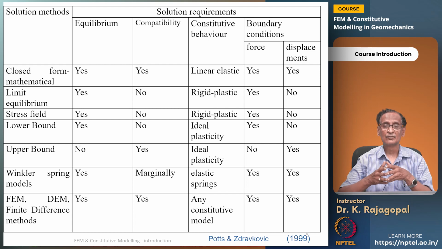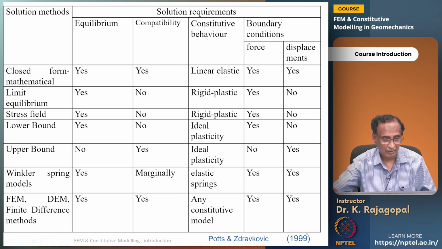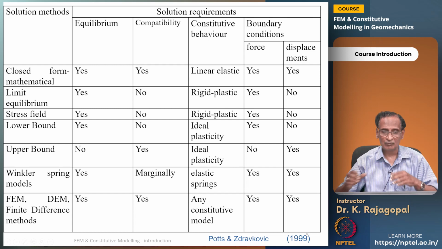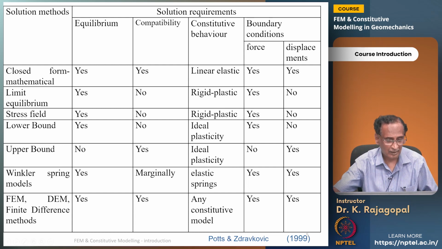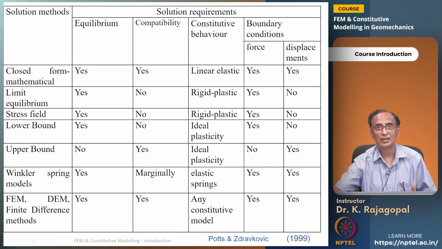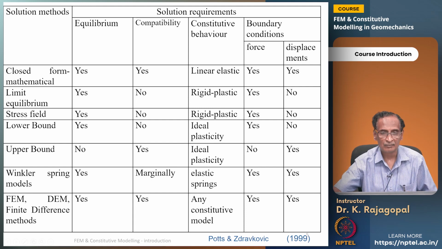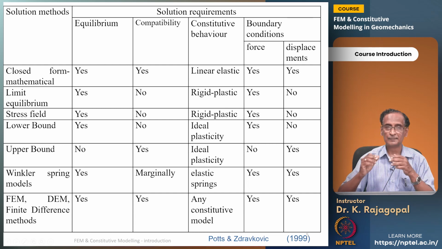All these things we should be able to take care of by these advanced numerical methods. And our finite element method that we are going to discuss satisfies all the given conditions like equilibrium, compatibility, and constitutive behavior of the materials, and we will be able to satisfy both the force and displacement boundary conditions.